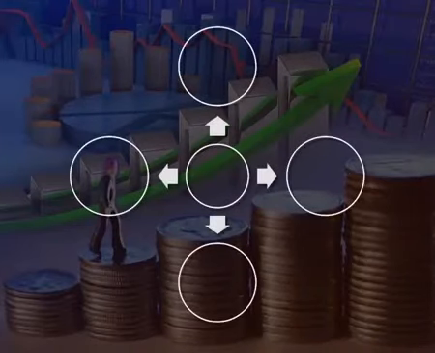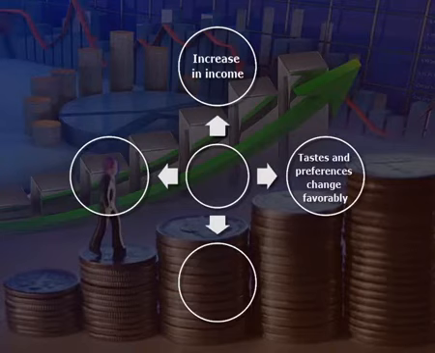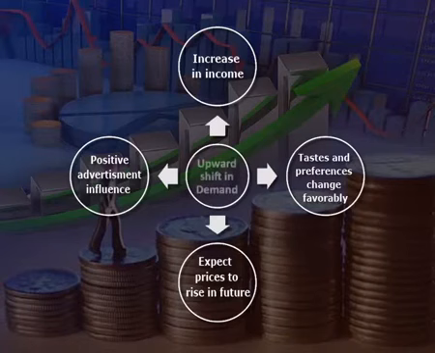The factors that affect demand are income of the buyer, taste and preferences, advertisement, future expectations of prices, etc. If there is a positive change in these factors, if income of the buyer increases, if their taste and preferences change in favor of the commodity, if they expect the prices to rise in future and if advertisement influences them to buy more of the commodity, then at the same price, buyers would demand more of the commodity, which will lead to the upward shift of the demand curve.